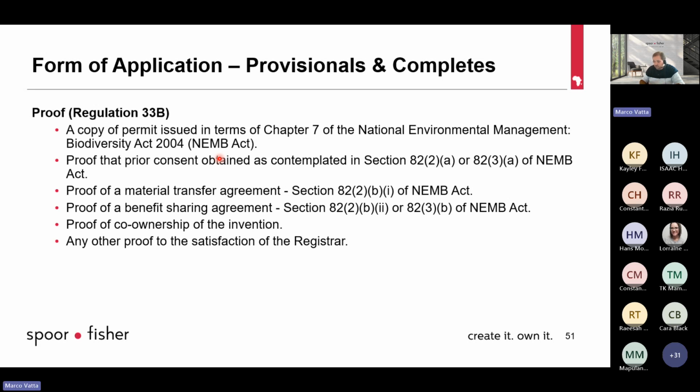I do not know how that would actually happen practically, where a community would be listed as a co-owner of that invention and then share in the profits of that invention. Practically, I don't see how that would happen unless there is a trust perhaps set up and that trust is an applicant, or then any other proof to the satisfaction of the registrar.